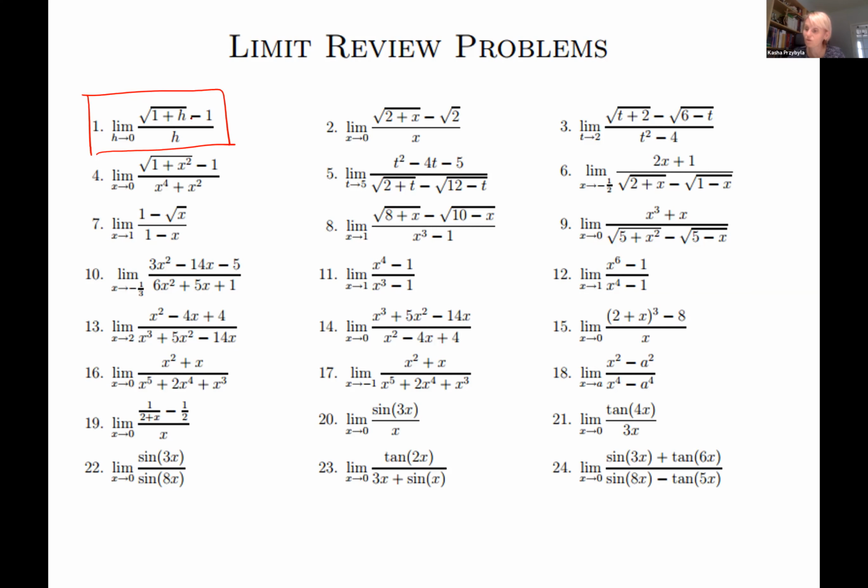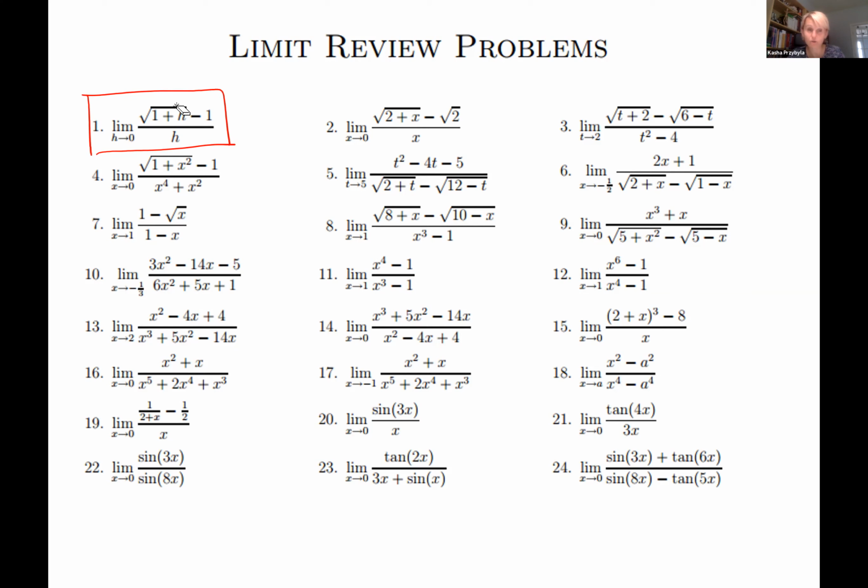Looking at the first limit, this is definitely the definition of the derivative. What function and at which point? Can you type the answer for me?